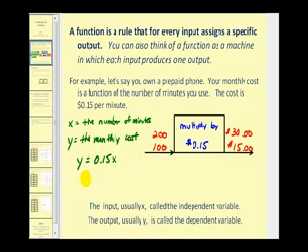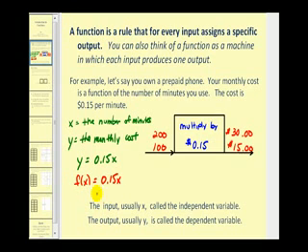However, when working with functions, we usually use something called function notation, which means instead of writing y equals 0.15x, we can write f of x equals 0.15x. So f of x is equal to y, and this notation is used to show the relationship between the input and the output of a function.